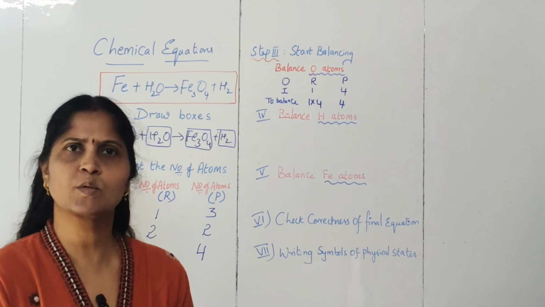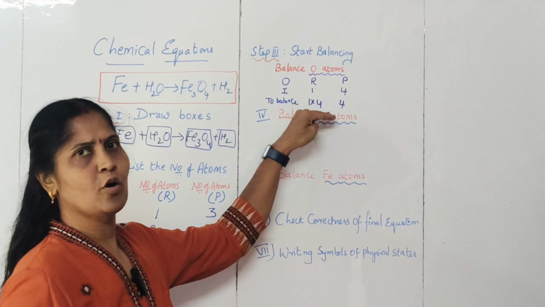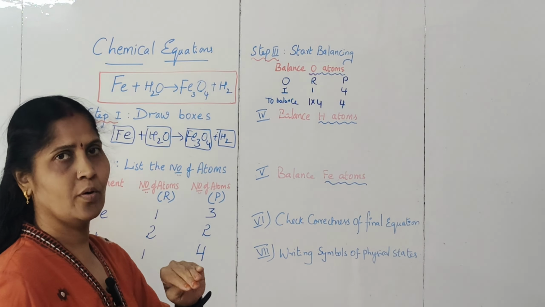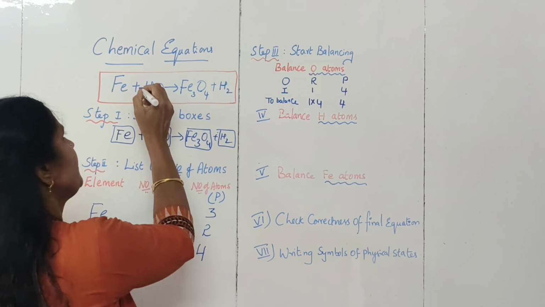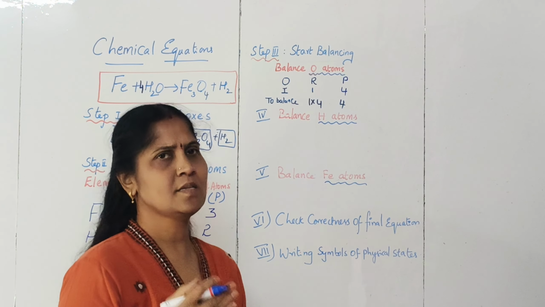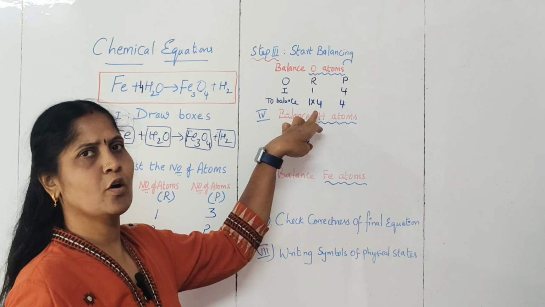The balancing is so simple. But remember that when you have multiplied your oxygen atoms with 4, in the equation also, we should put a number 4 onto the reactant side, because on the reactant side you are multiplying your oxygen with 4.